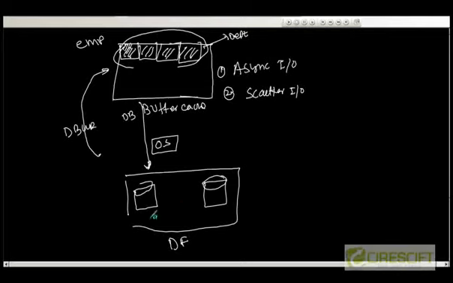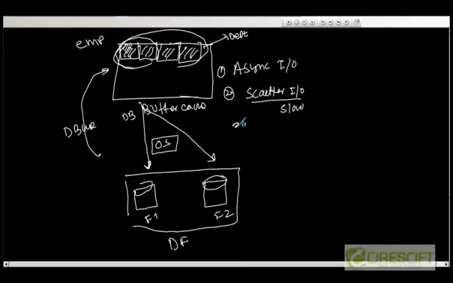So these are two data files, file 1 and file 2. I might have multiple disks in my server. My point is that when I'm writing these buffers, I may write to two different disks, and that is why it is called scattered IO, and that is why it is slow, because it needs to write to multiple different disks.